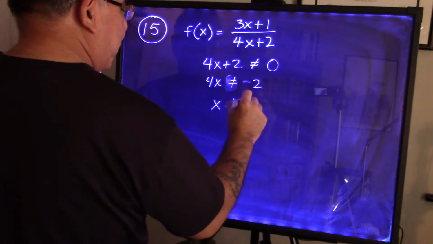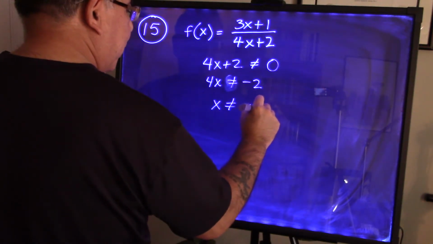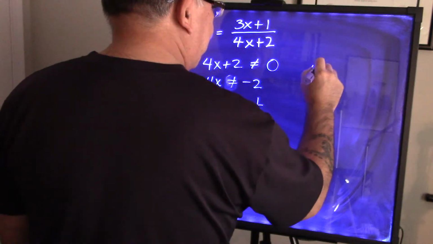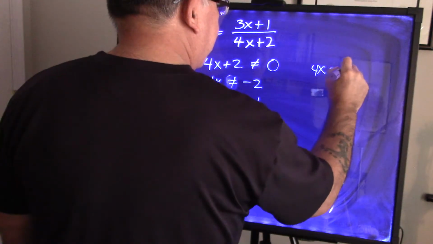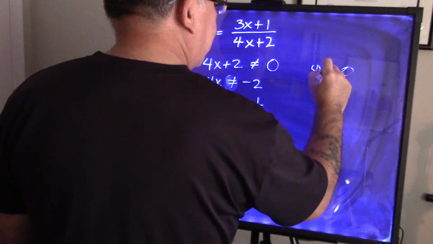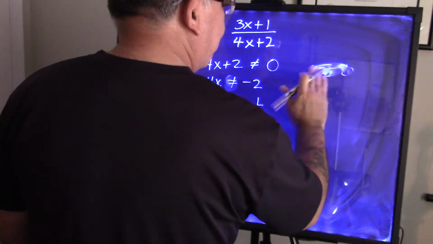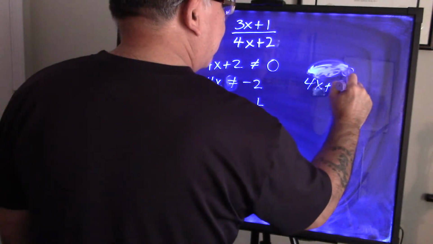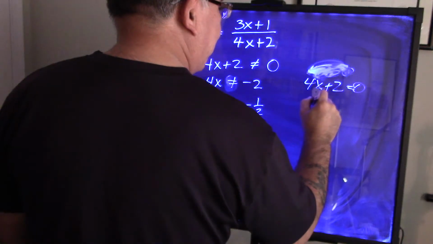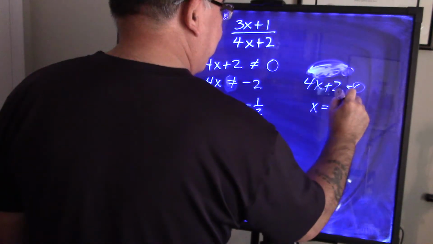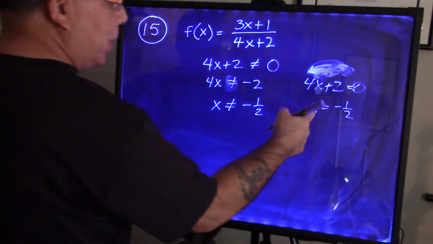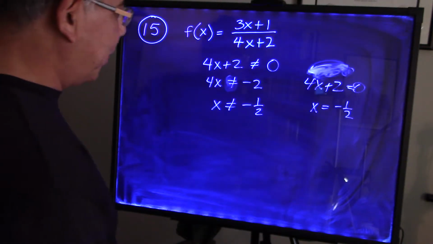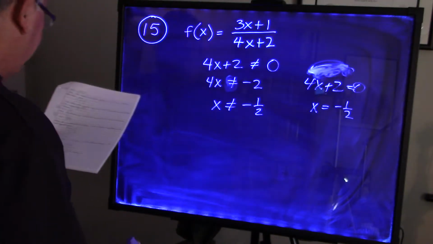Negative 2/4, that's 1/2. Negative 1/2. Another way to do it would be to set it equal to 0, solve for x. 4x plus 2 equals 0, and then solve that for x, you get x equals negative 1/2. But just understand that that's not going to be in the domain, because that'll make your denominator equal to 0.